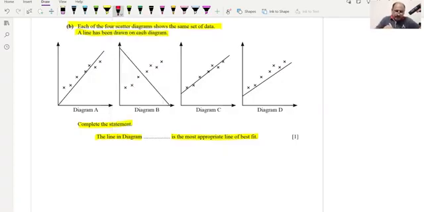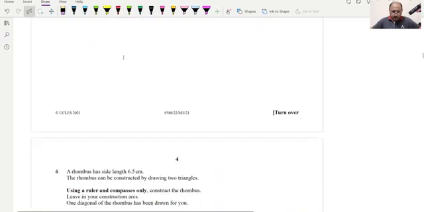In this one the line is over here and the points are over here, so this will not be suitable. Similarly, this side is up and this side is down, so this is also not suitable. And most of the points are above the line, so this is also not suitable. So diagram C will be our suitable answer, which we can give over here.